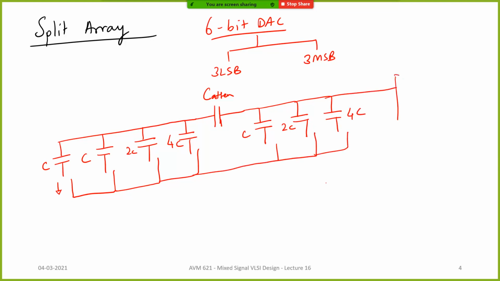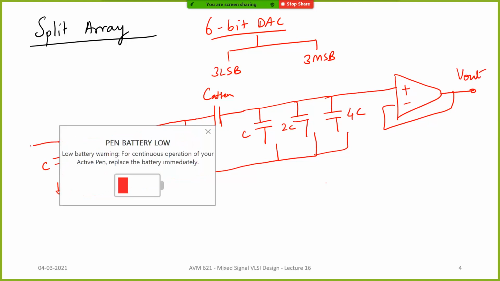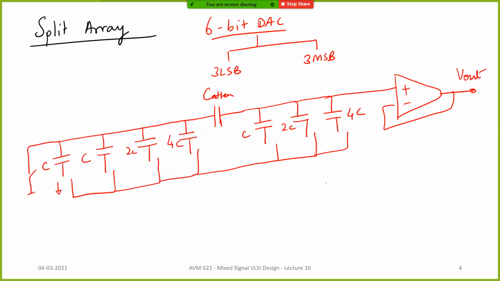And this is your V out. This is true for the other things also. This is your reset switch. What does the reset switch do? It just shorts out all the capacitors to ground. So this side will also have a reset switch. I forgot to add the reset switch in the previous drawing, but of course it's understood.